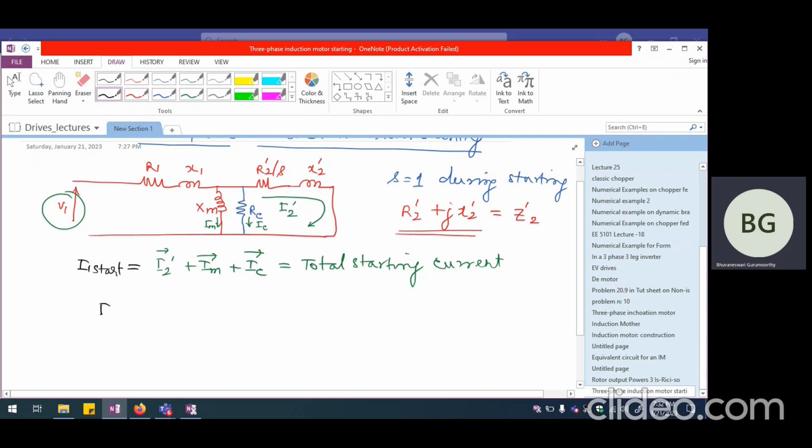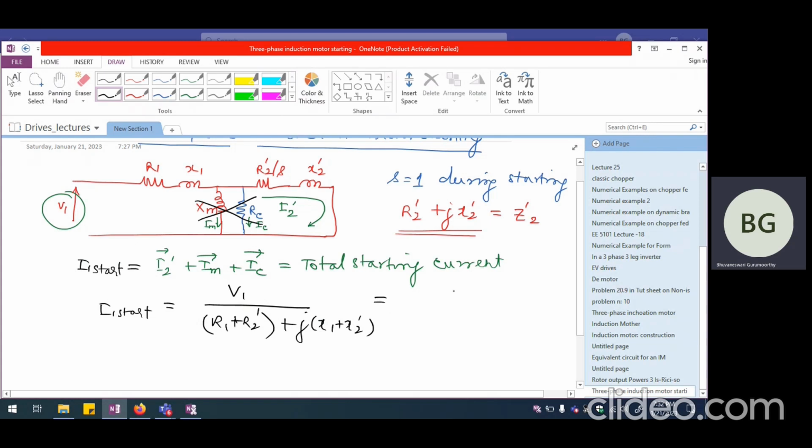I1 starting approximately can be written as V1 divided by R1 plus R2 dash plus j times X1 plus X2 dash, if I am neglecting the magnetizing portion. That portion is going to essentially add up further to the current. It's definitely not going to reduce the current any further.